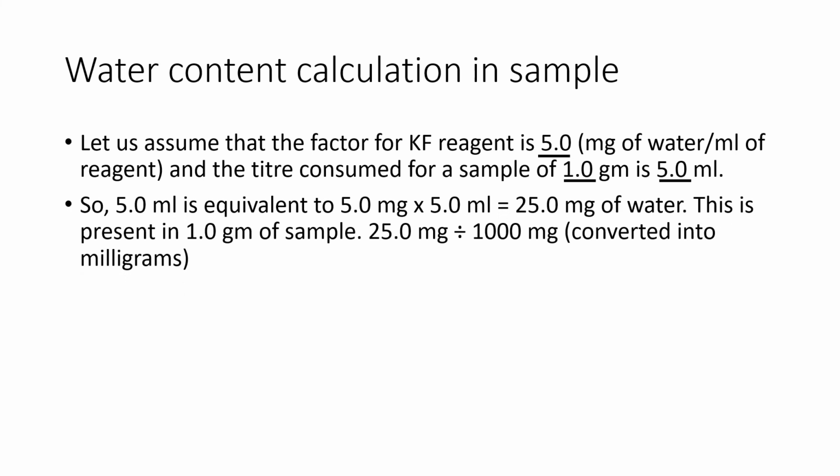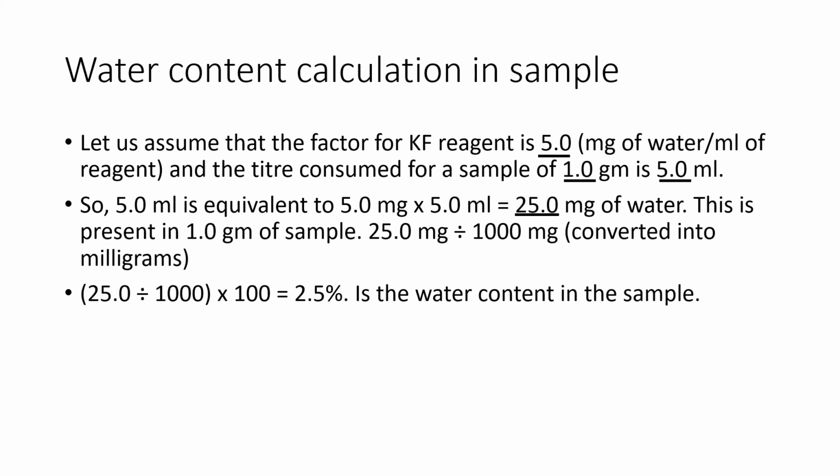So 5 ml is equivalent to 5 mg into 5 ml, that is 25 mg of water. This is present in 1 gram of sample. So 25 mg divided by 1000, since 1 gram is converted into milligrams, and into 100 will give you percentage, which is about 2.5%.